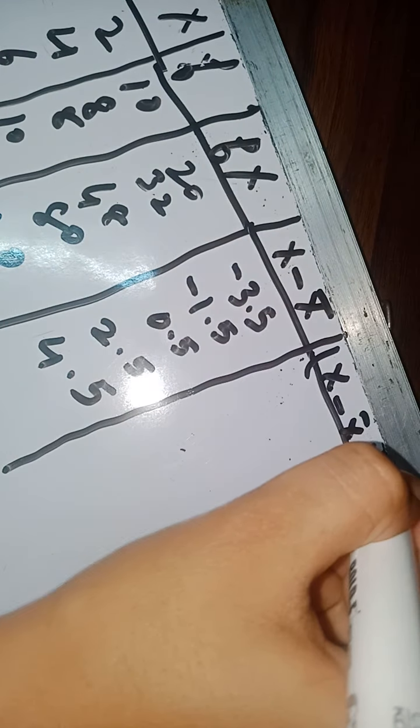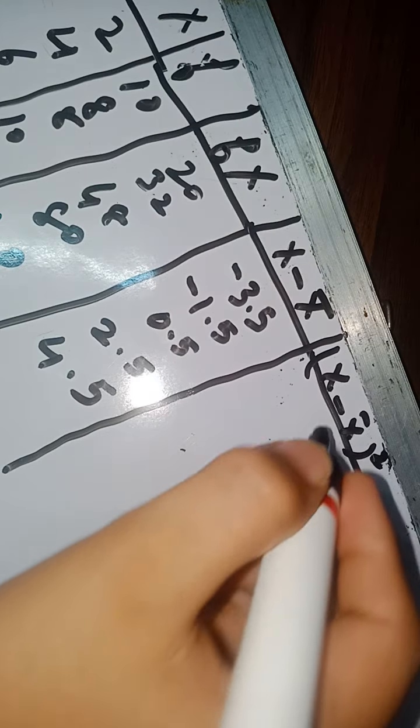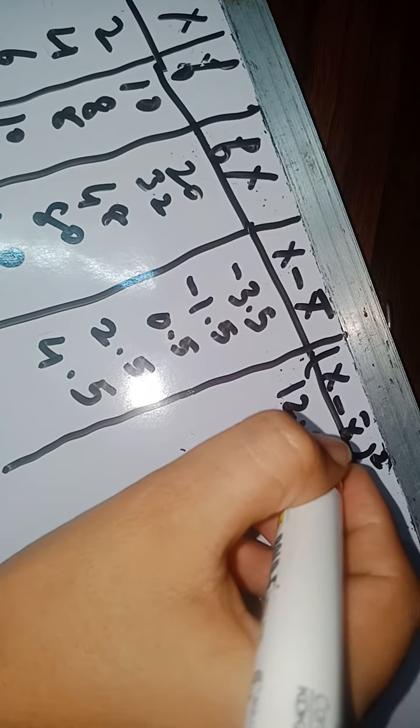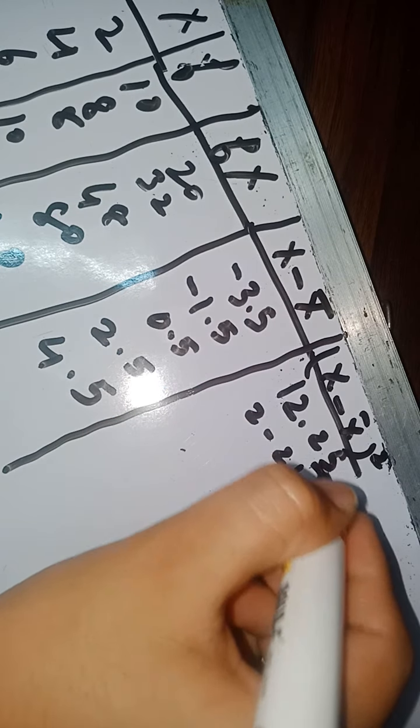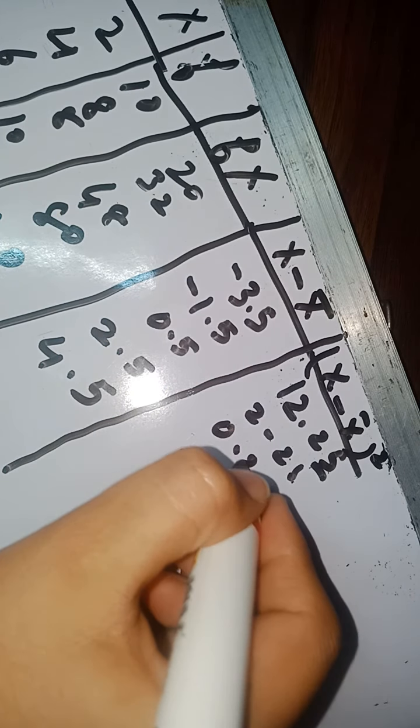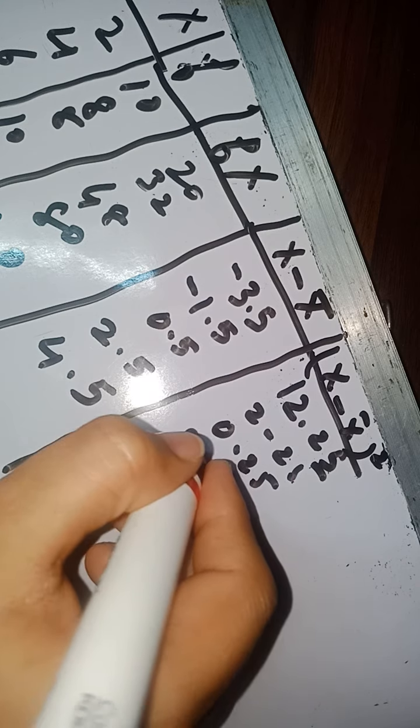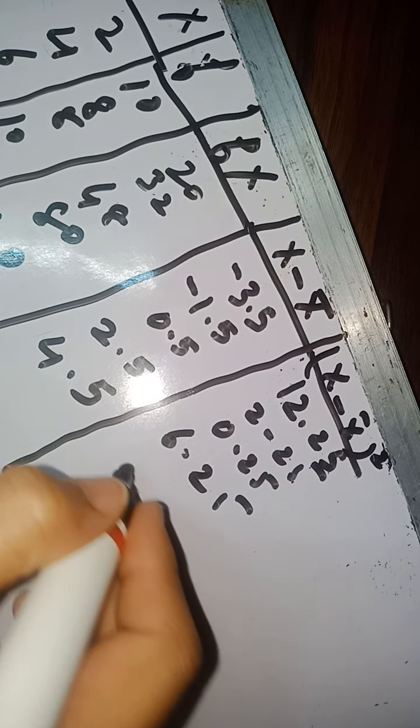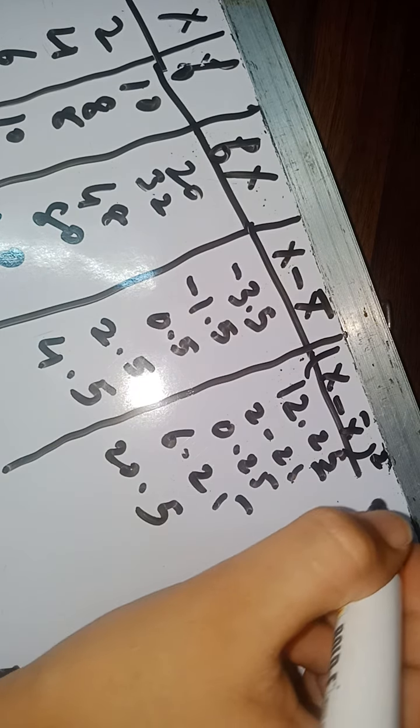Next we find (x minus x bar) square. So we square these: 12.25, 2.25, 0.25, 6.25, 20.25.